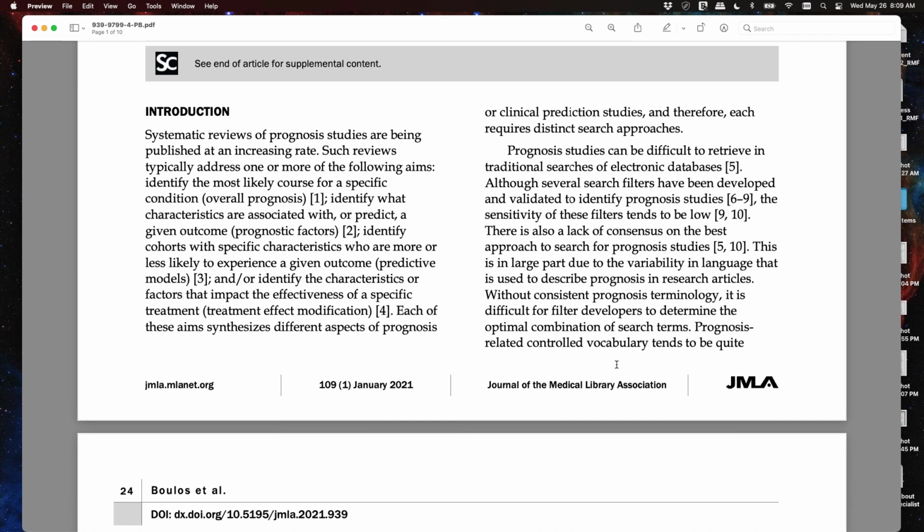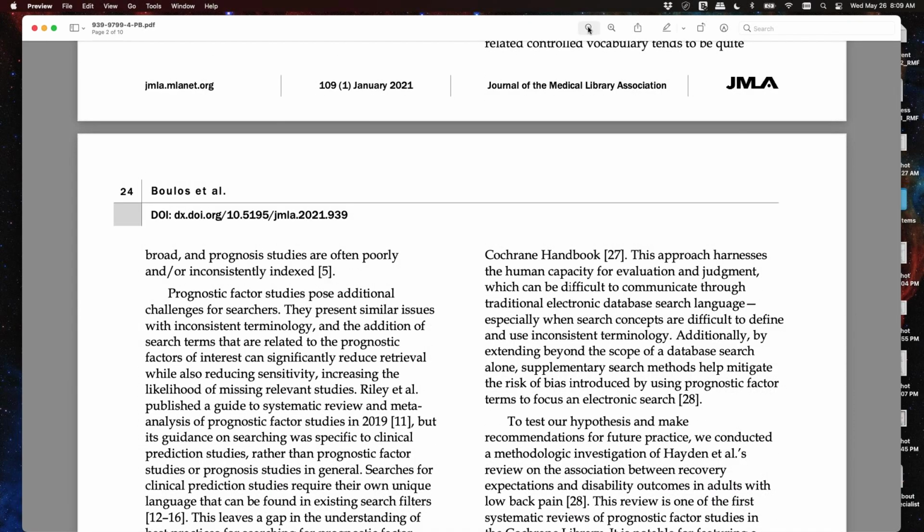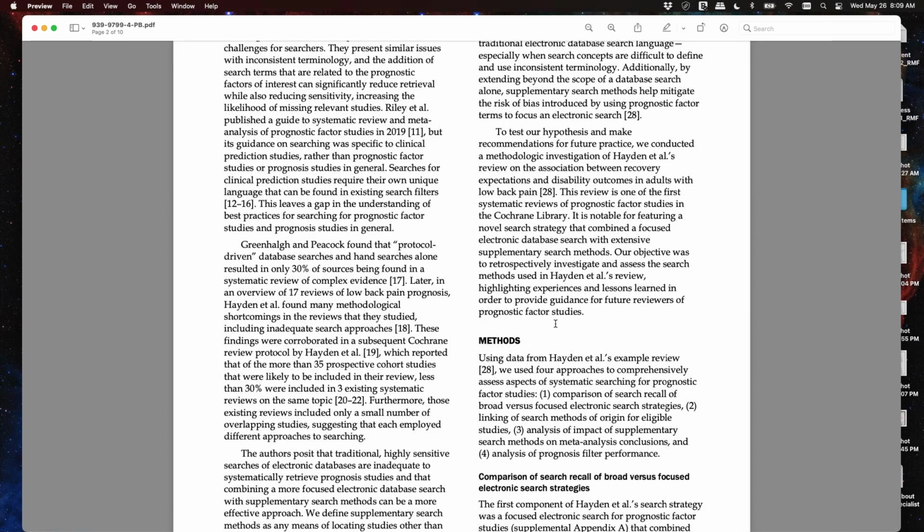In this case, as I already mentioned, this seems to me to be a rehabilitation topic, the review by Hayden et al. The original review used a focused electronic database search and extensive supplementary search methods. The objective of the paper we're going to talk about now was to retrospectively assess the search methods used in this review.